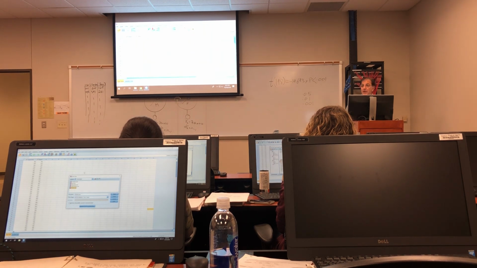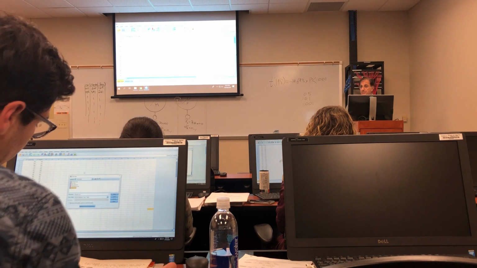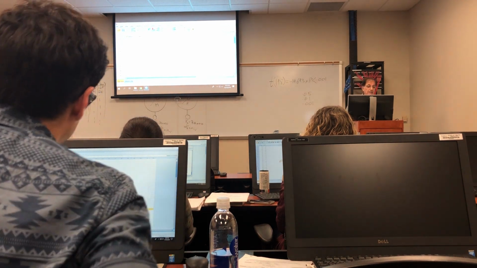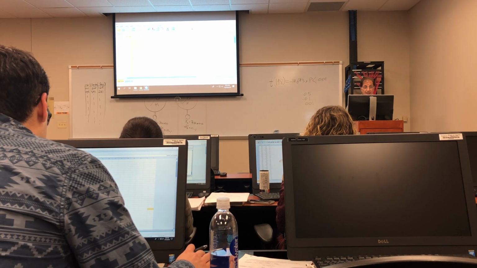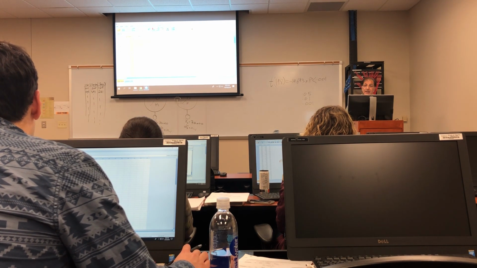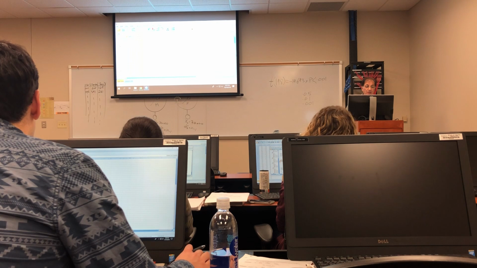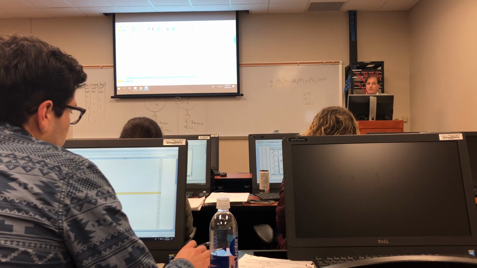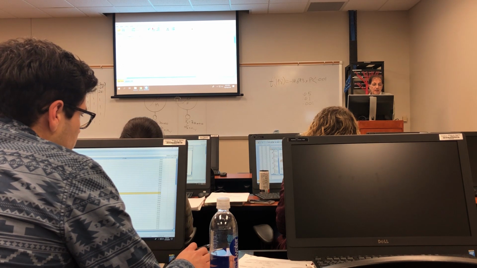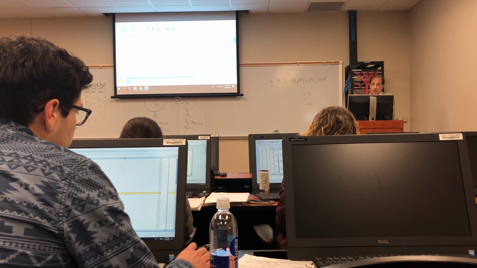Here I have the example of before and after. We measured the self-esteem of students in September, and then in June, we measured the self-esteem of the same students. So here is, let's say, Ignacio. His self-esteem was 12 at the beginning of the year.